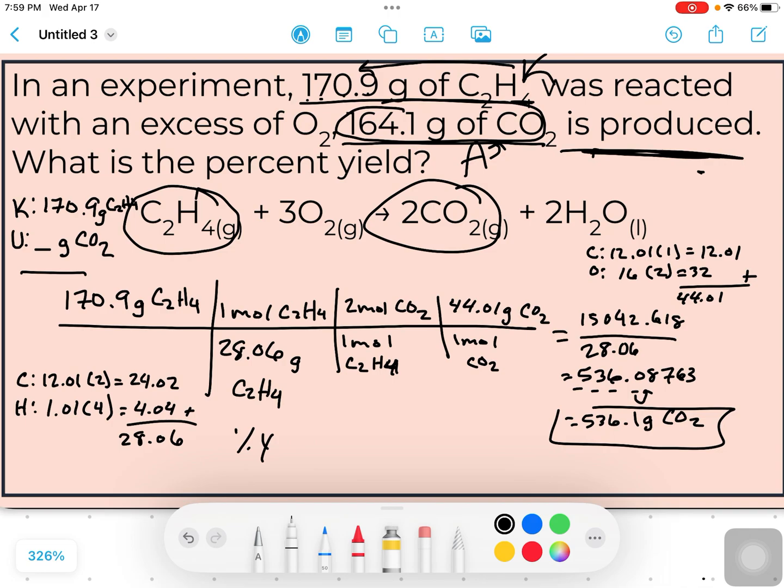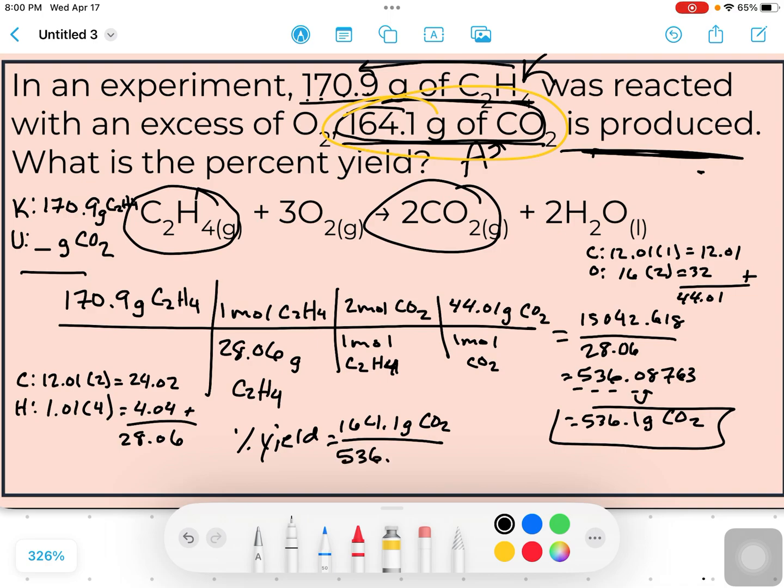Okay, now we have to go into our percent yield. So percent yield. So again, it's our actual divided by theoretical times 100. So our actual, we said, was the 164.1 grams of carbon dioxide. We're going to divide that by what we just found.